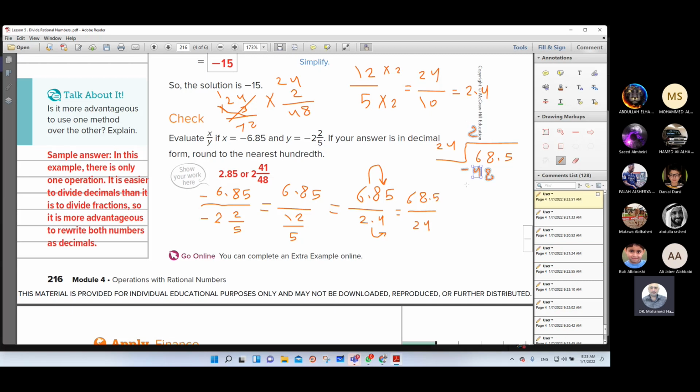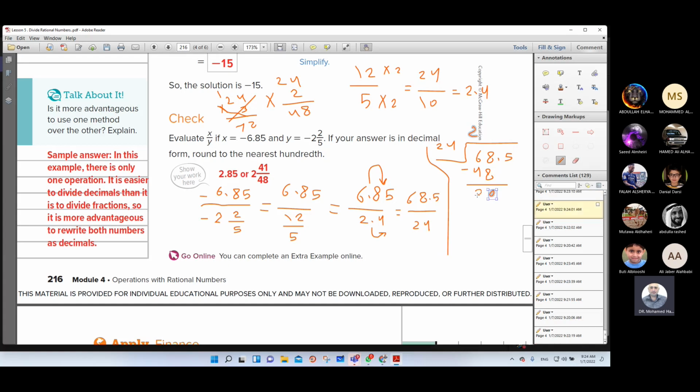Then you do minus: 8 minus 8 is 0, and 6 minus 4 will be 2. Then take the point up. Then take down 5. 205.